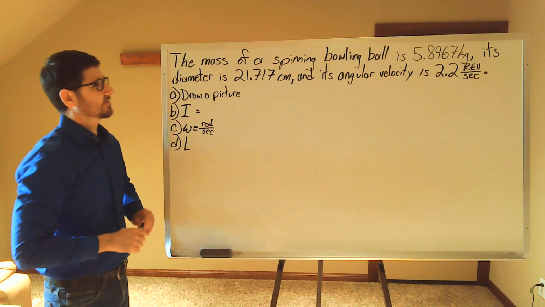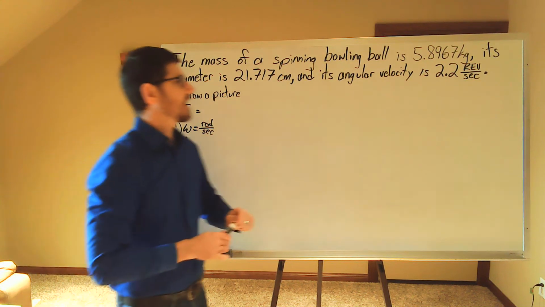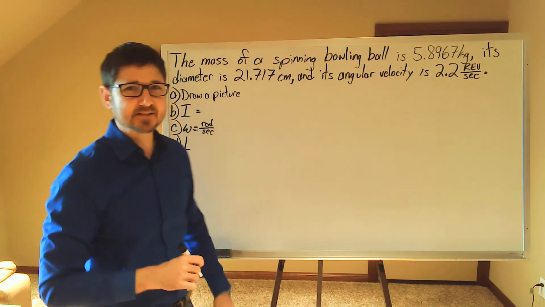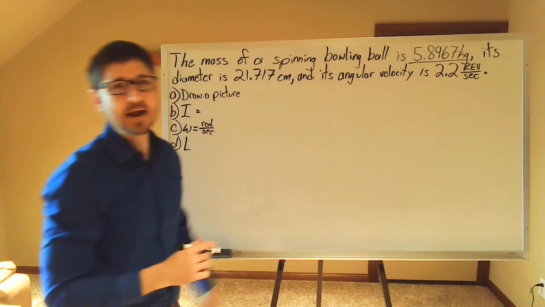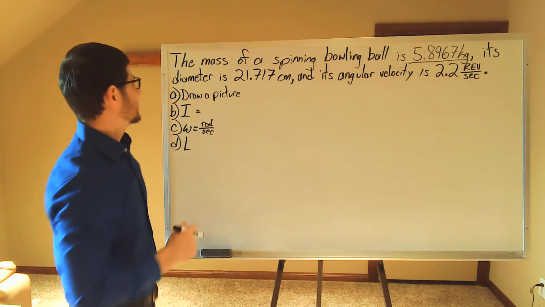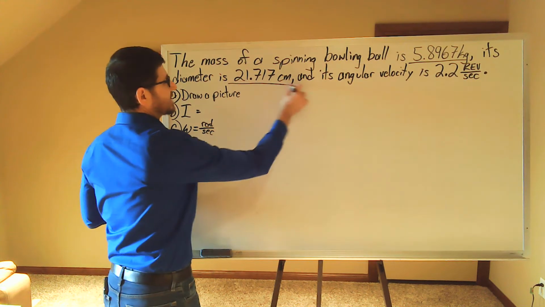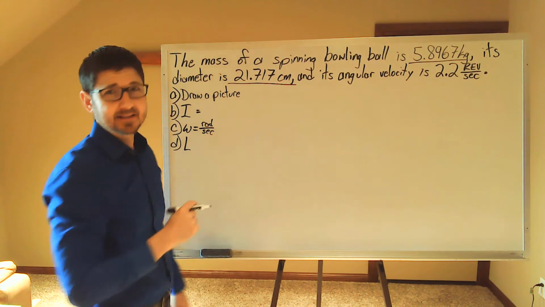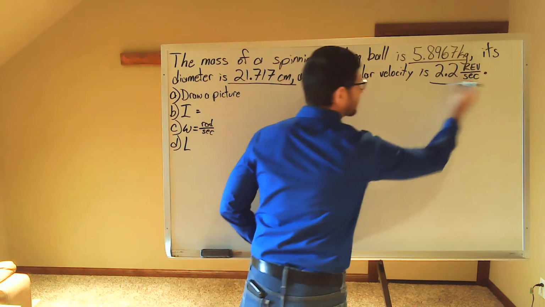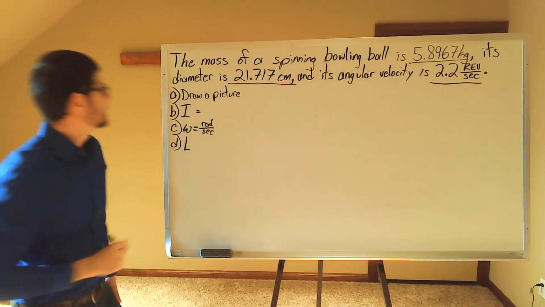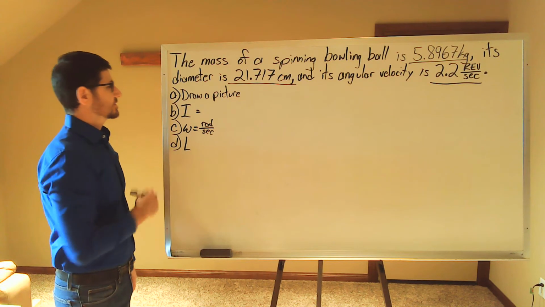The mass of a spinning bowling ball is 5.8967 kilograms. So this is a 13-pound bowling ball. Its diameter is 21.717 centimeters, and its angular velocity is 2.2 revolutions per second. So in part A, it wants us to draw a picture.